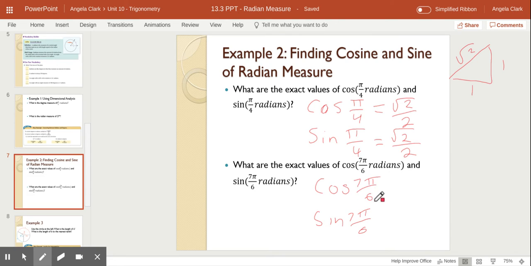Well, a denominator of 6 corresponds with a reference angle of 30 degrees. So the reference angle is going to be 30 degrees. Remember, a denominator of 3 corresponds with a 60-degree angle. Denominator of 6 corresponds with a 30-degree angle. They're switched. Okay, so this is a 30-degree angle, and we need to figure out what quadrant it's in.